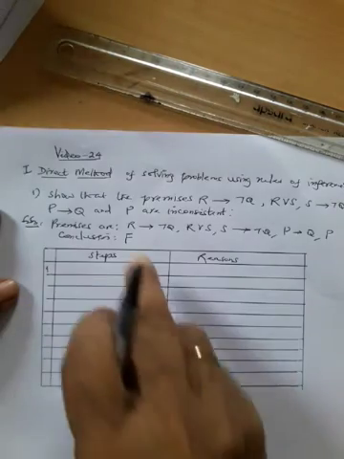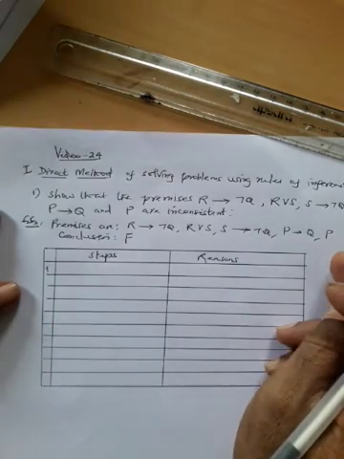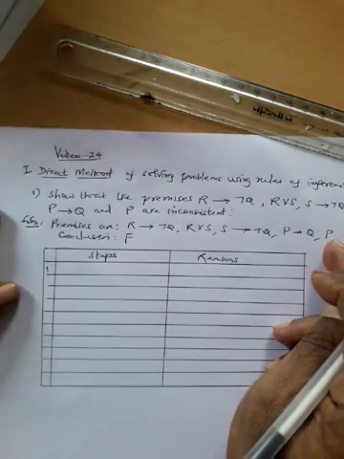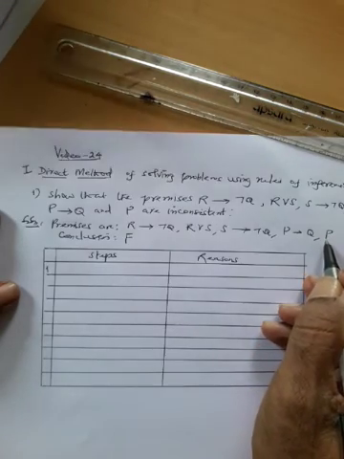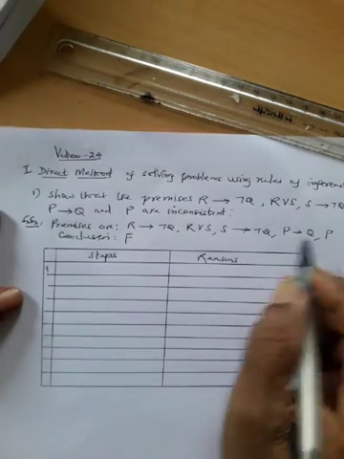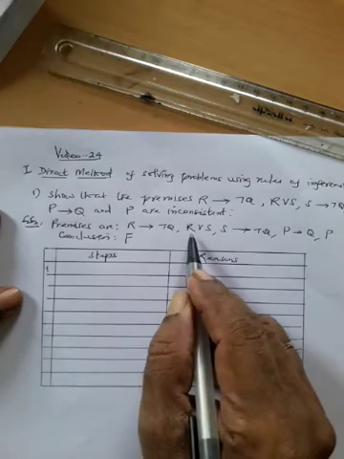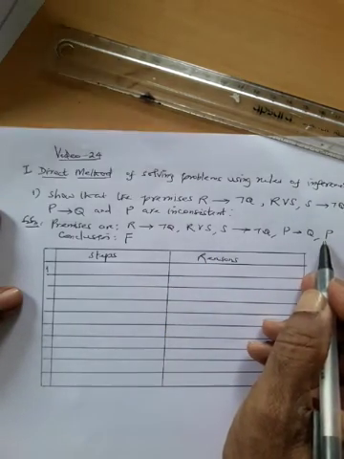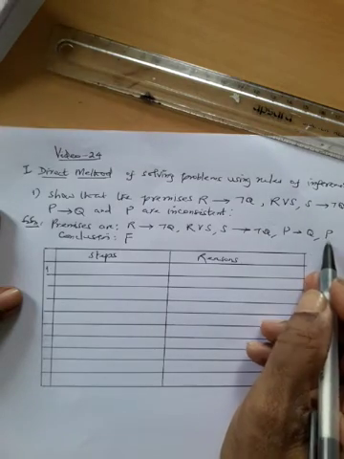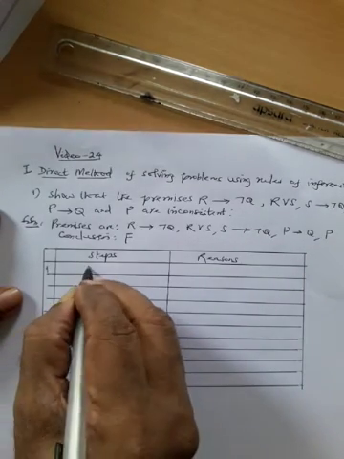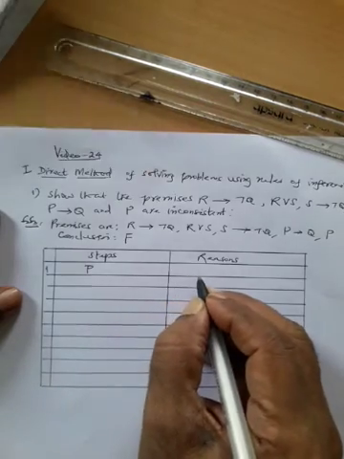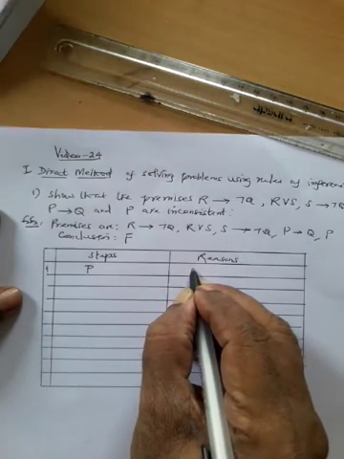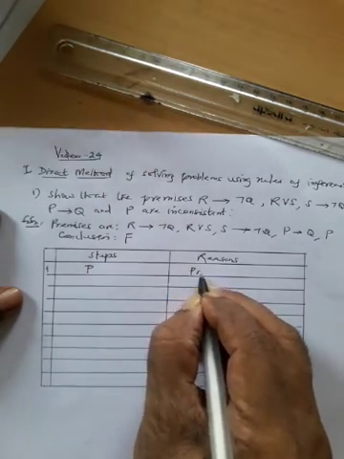Step 1. Among the premises, the letter which is coming alone separately, that is P, is coming separately. The premise which consists of a single letter, that is P, you will always have to take first. This is a hypothesis or premise.